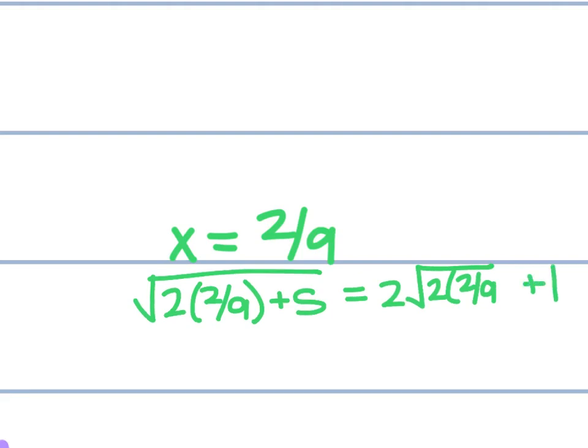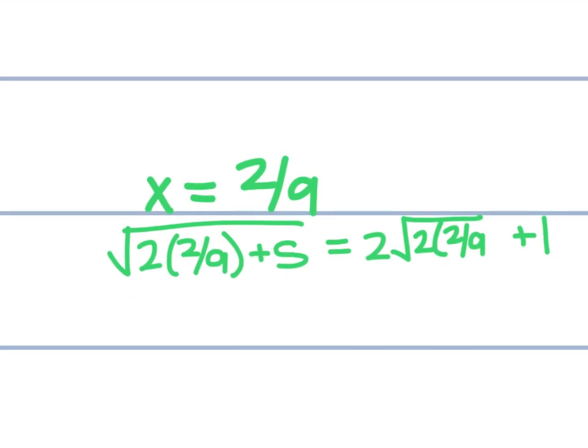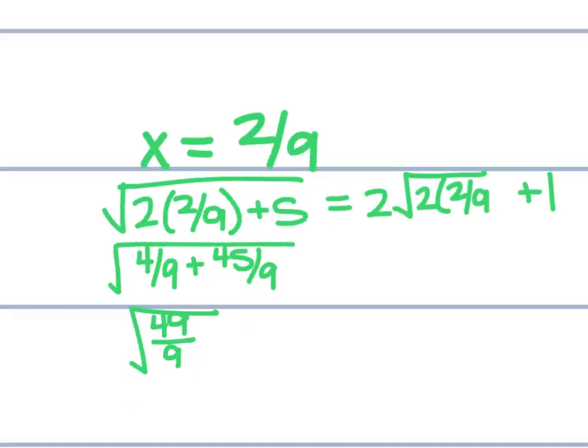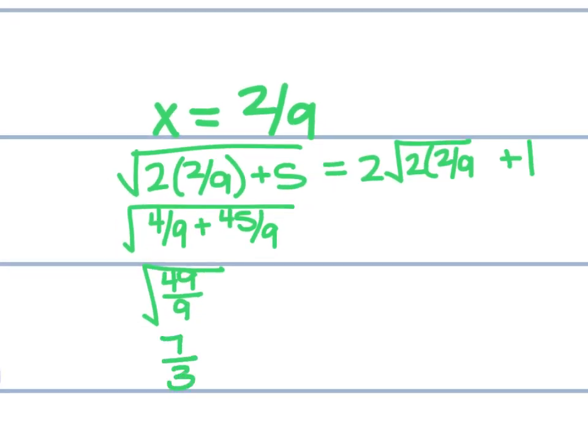Alright, so let's work with this. So we have 2 times 2 over 9, which is 4 over 9, plus 5, which is also something over 9. So 45 over 9. So 4 plus 45 is 49 over 9. The square root of that is 7 over 3.